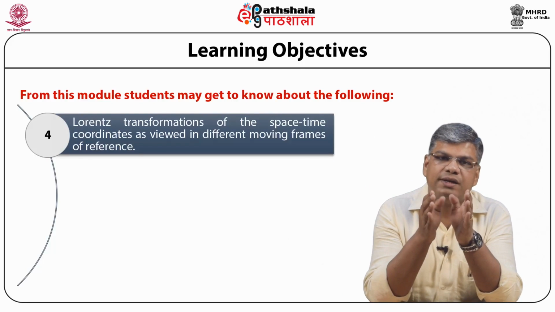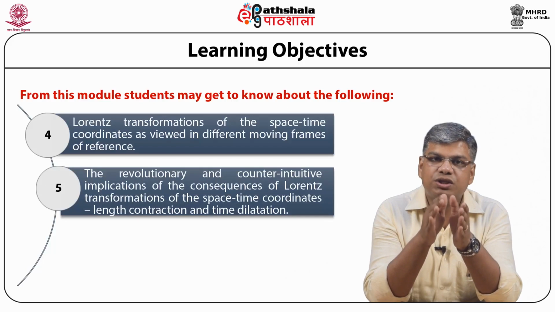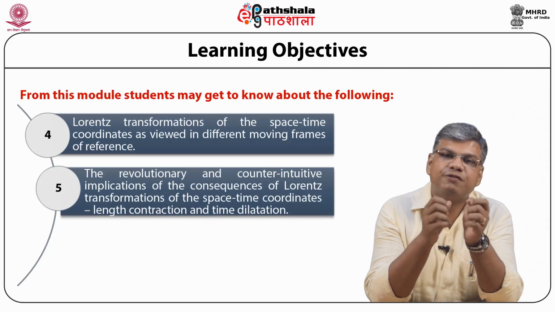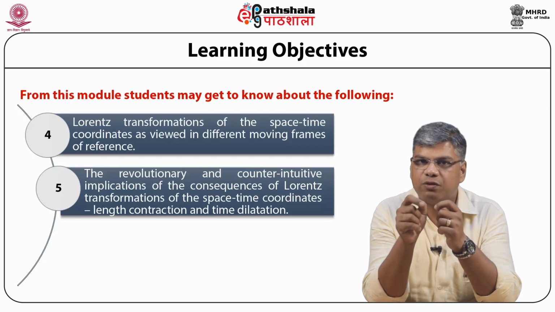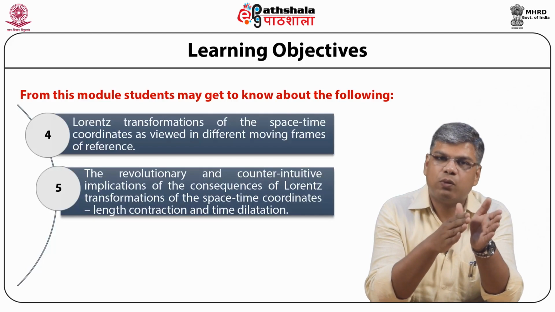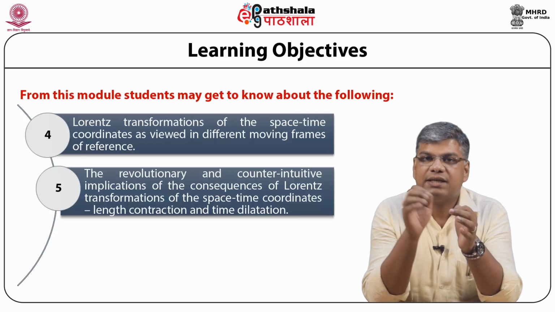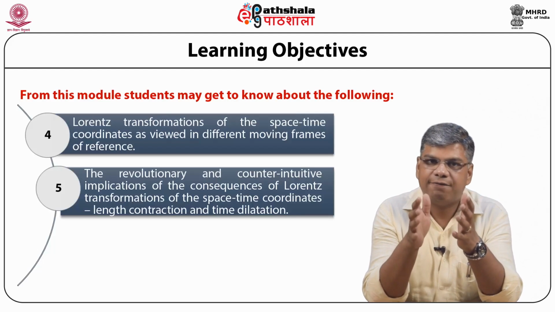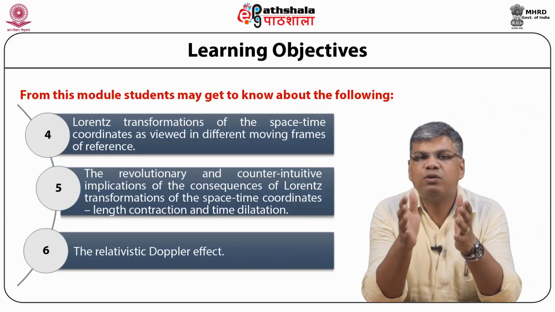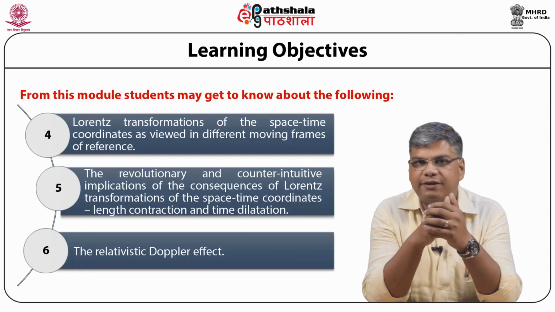Then we will discuss the revolutionary and counterintuitive consequences of the Lorentz transformations of the space-time coordinates, that is, the length contraction and the time dilation. And finally, we will discuss the relativistic Doppler effect.